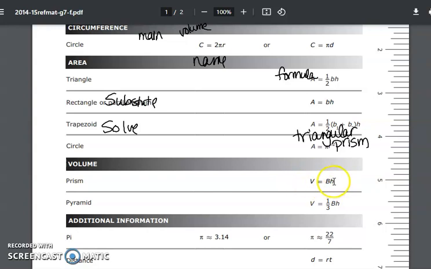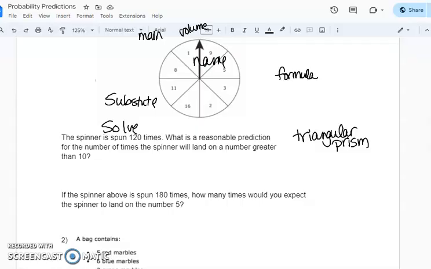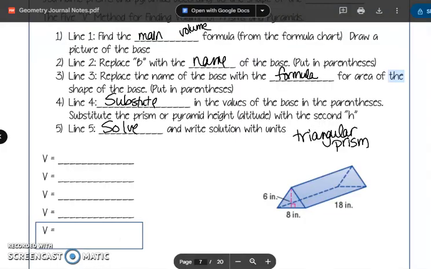Prism. Notice here how this looks versus this. These are different. This is big B H, this is little b h. Big B H, little b h. That's the wrong one. We'll go in here.